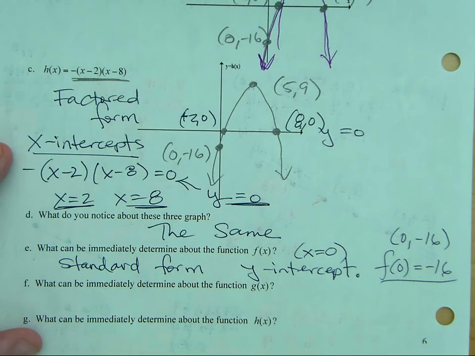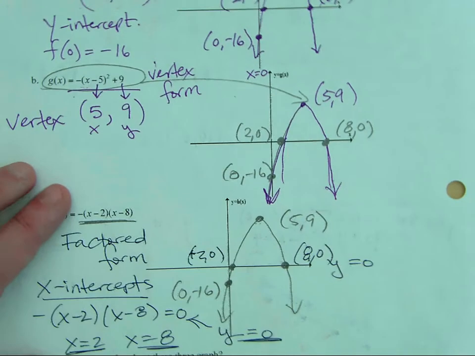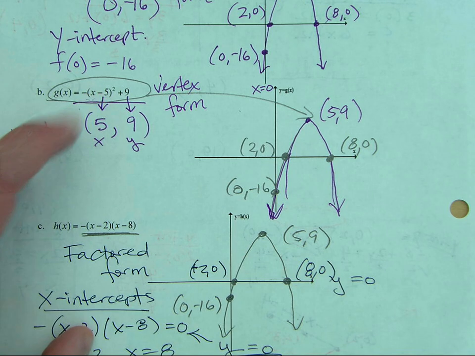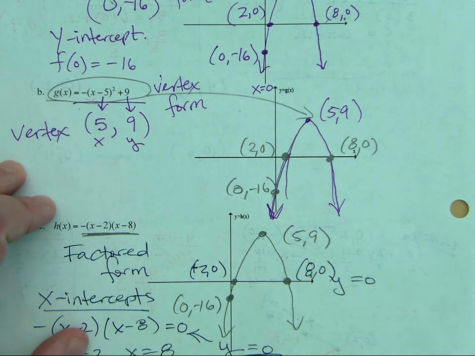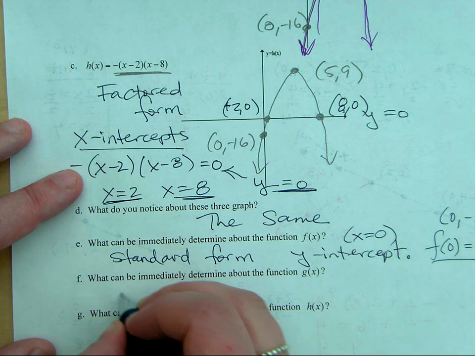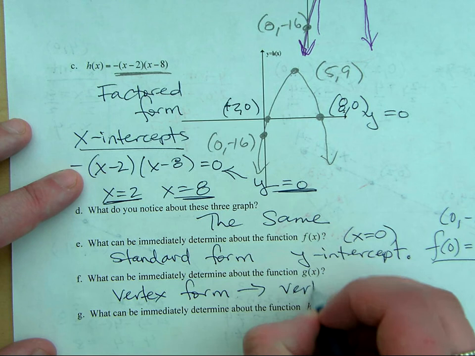What can you immediately determine when you just look at this? You shouldn't have to really do very much math, but for part B, when you look at this form, what can you immediately determine? The vertex. So that's what's so convenient about having that form, is that the vertex literally could fall out of that form. So for g of x, we have it in vertex form, and that gives us the vertex.